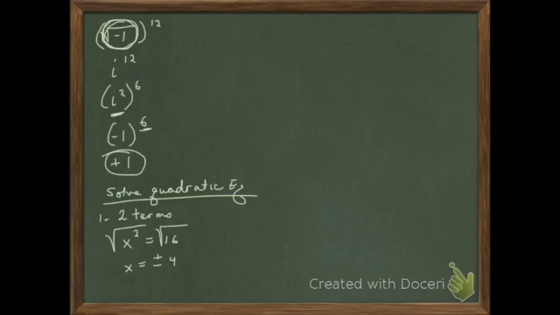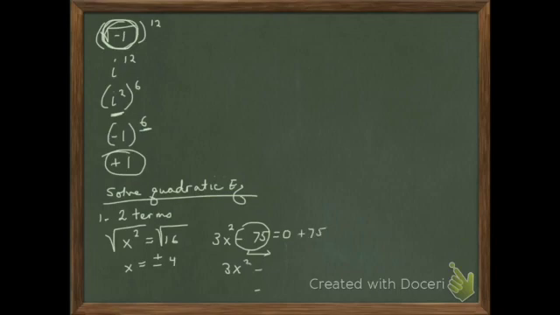If I had 3x squared minus 25 equals 0, take this to the right side by adding 25. You get 3... Oh, let's do 75. Okay, let's add that to the right side.